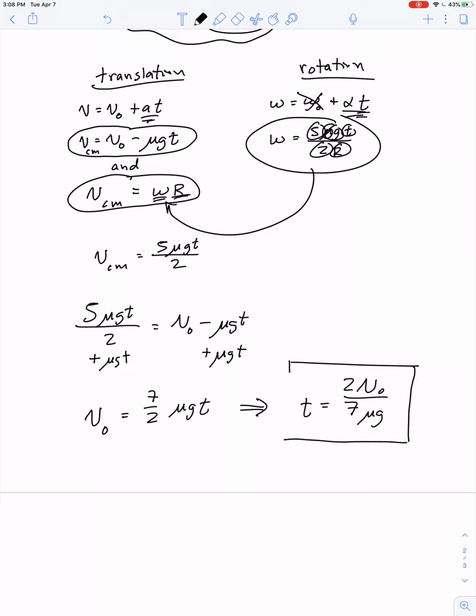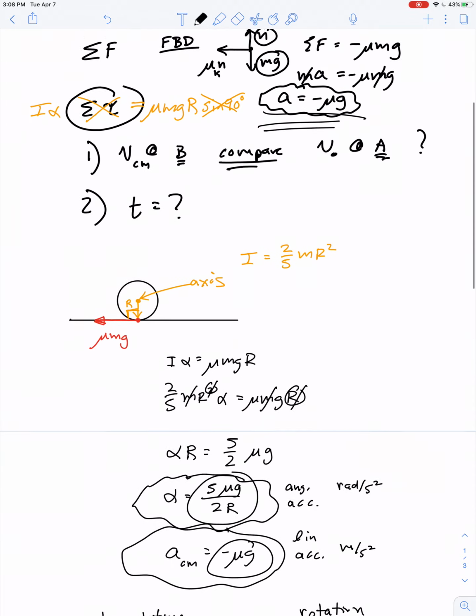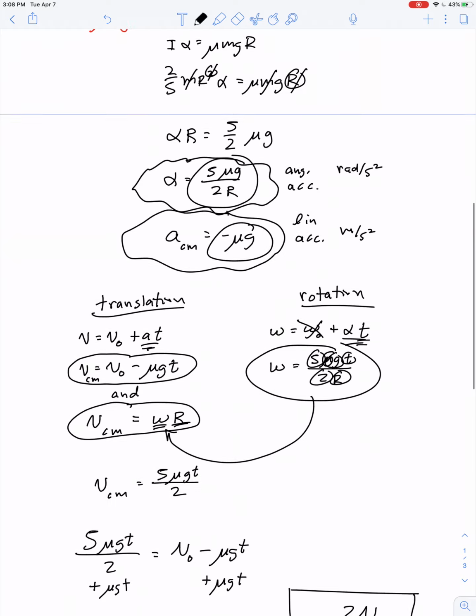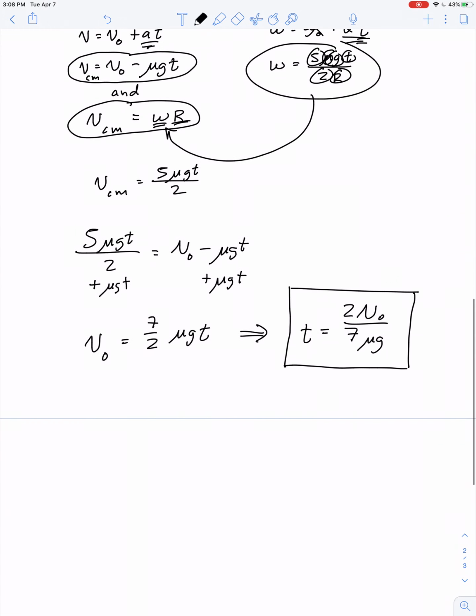So think about what that tells us. The amount of time it's going to take to go from point A, where it just comes out of your hand, sliding down the lane, until it reaches point B, when it finally achieves a state of pure rolling motion, is equal to 2 v naught divided by 7 mu g.